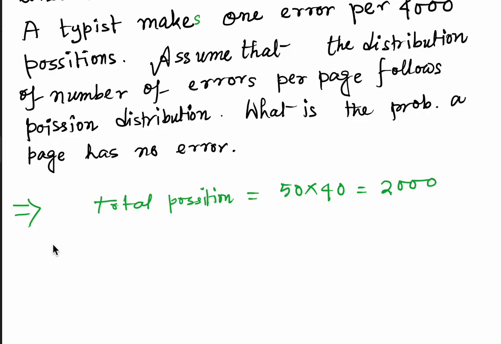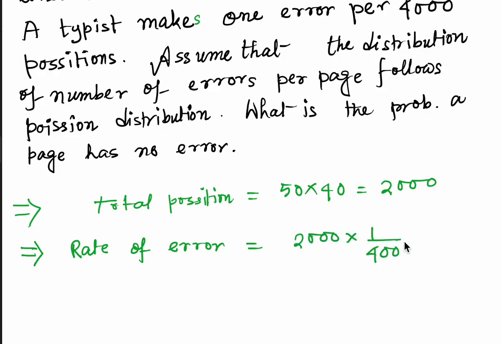So what will be the rate of error per page? 2000 into 1 by 4000. If he makes one error per 4000 positions, and he types 2000 positions, what is the probability that in a single page there will be an error? It is half.